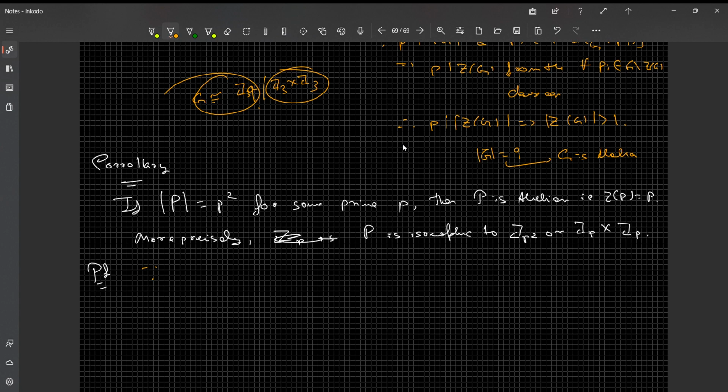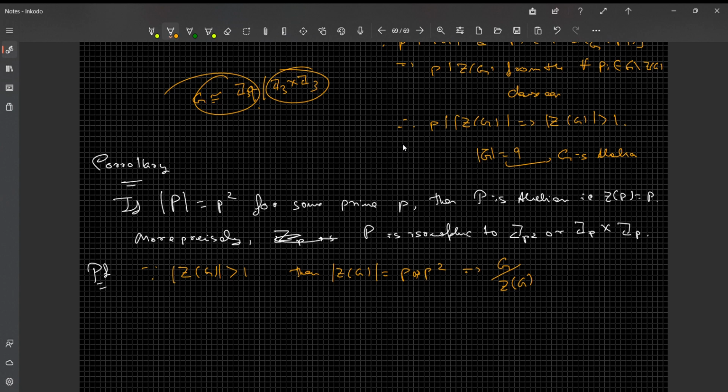Yeah, let's come to the proof of it. Now, obviously, since P is a group of order prime power, the center is non-trivial. Since the order of the center of G is greater than 1, what are the possible orders of the center of G? The center of G can either be of order p or of order p squared, right? We know that the center of G is a normal subgroup of G, so we can define the quotient group G mod Z(G).